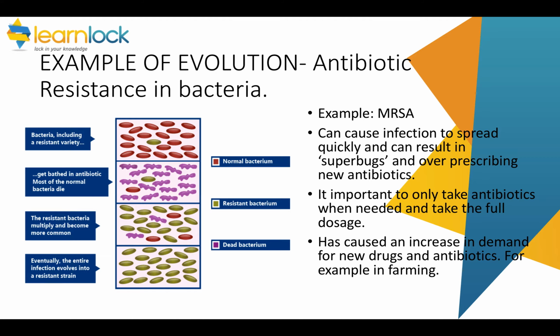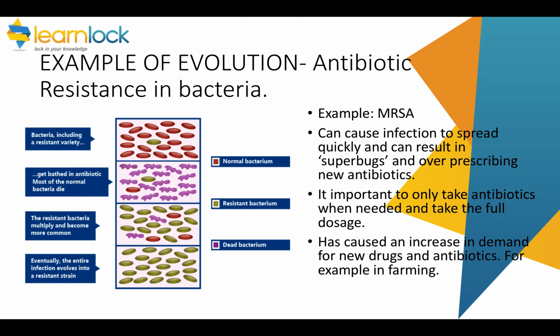Now, an example I mentioned before of evolution is antibiotic resistance in bacteria. This is something we talked about before when we looked at mutations, and an example of this is MRSA. So what would happen is you have a group of bacteria which all reproduce normally, and some of them are just naturally resistant. So some of those bacteria do not get killed by an antibiotic.